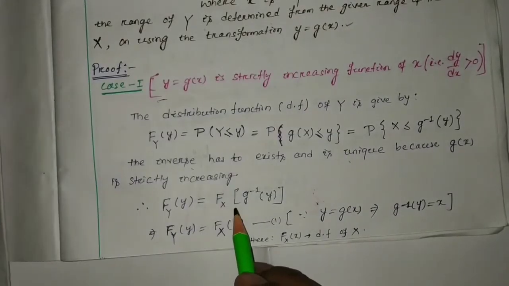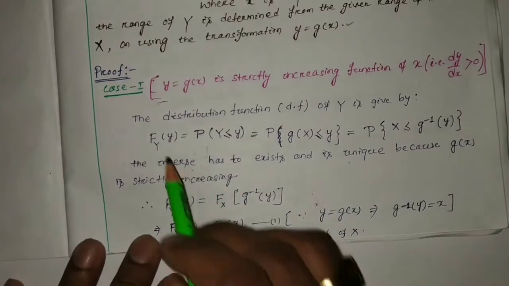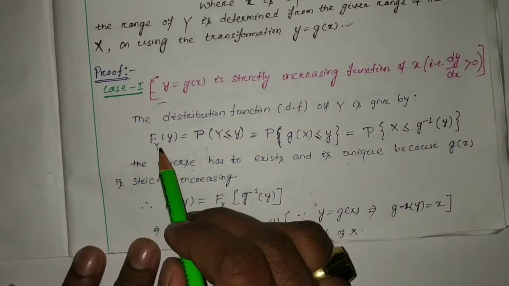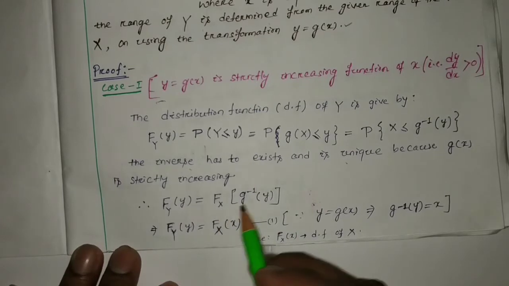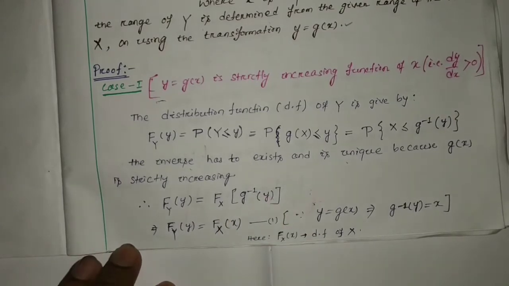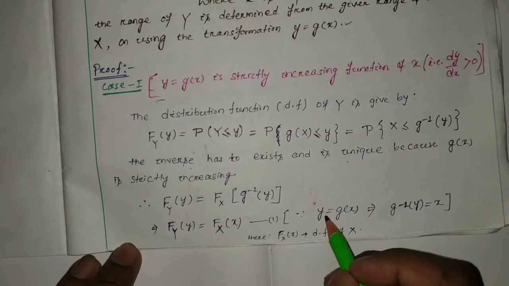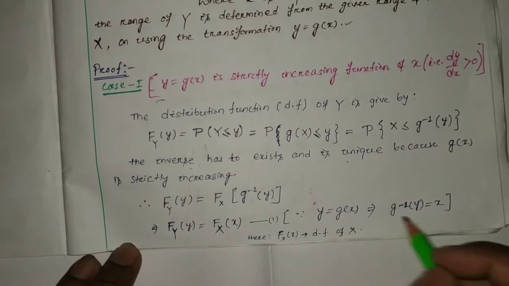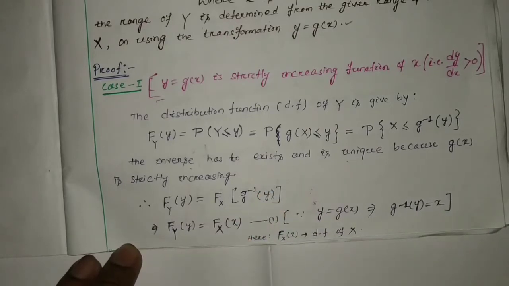The same thing has been written: the distribution function of y is nothing but the distribution function of X evaluated at g inverse of y. Why? Because y equals g(x), therefore g inverse of y is nothing but x, so instead of g inverse of y we can write x.